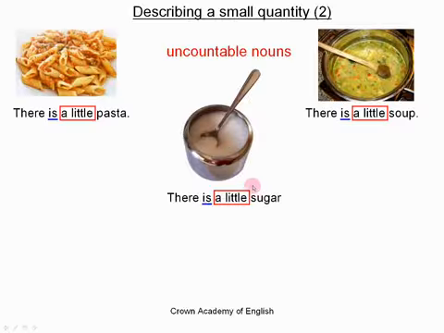And the same here. Sugar is an uncountable noun. It is just a big mass of product. So we use a little. Sugar stays in the singular. And the verb is in the singular form. There is.